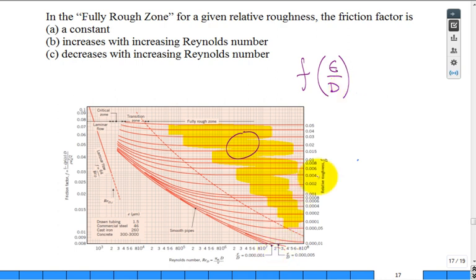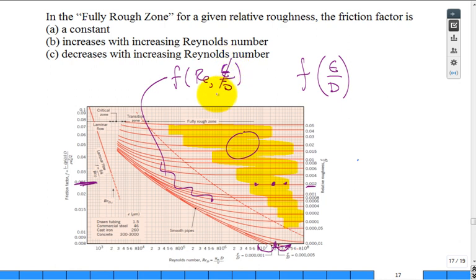So if I'm given, let's say, this relative roughness and I'm out in that region, if I double the Reynolds number, speed it up, or I slow it down, cut it in half, did the friction factor change? No, that's the key idea. That's why they separate. But in this region, sorry, if you want the friction factor, you're going to have to give the Reynolds number as well as the relative roughness.